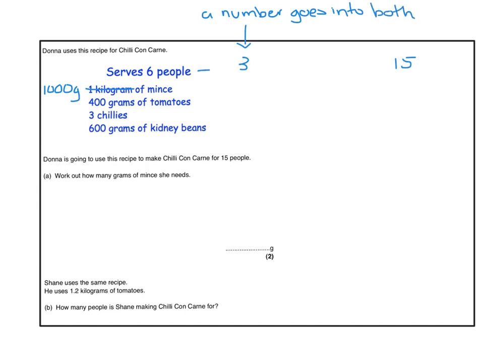So to get to 3, I'm dividing by 2, and to get to 15, I'm timesing by 5. So let's do that. So 1,000 divided by 2 is 500 grams, times by 5 is 2,500 grams.